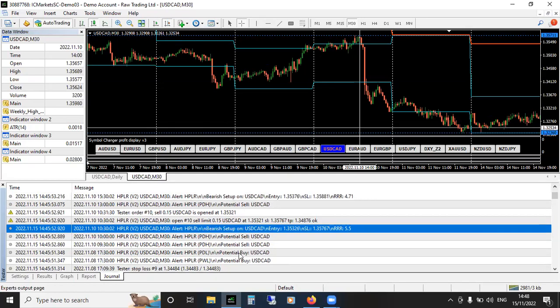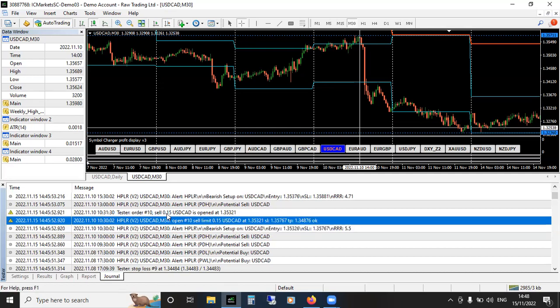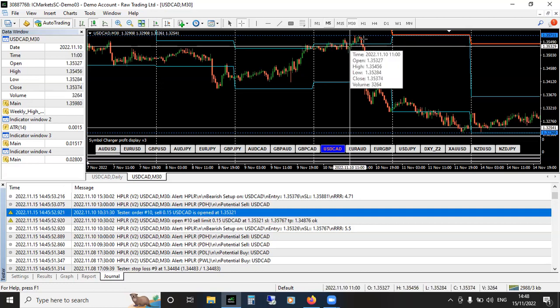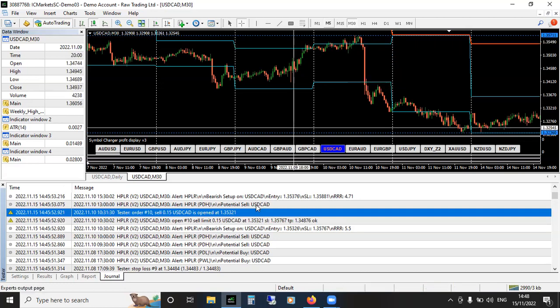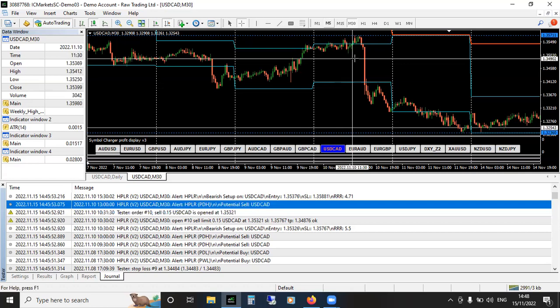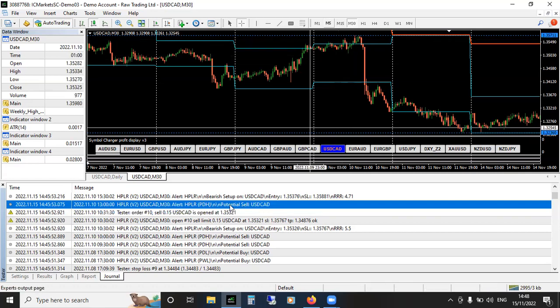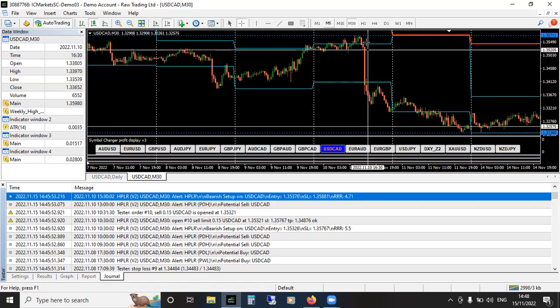So it opens a sell limit, and shortly after that trade is activated, price goes above this high that was created here. So it sends you a new alert, a potential sell again on USD CAD. Eventually we get this close here.